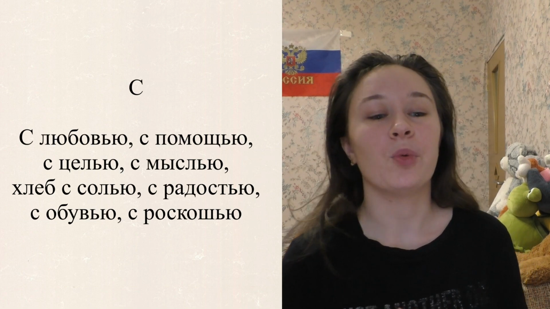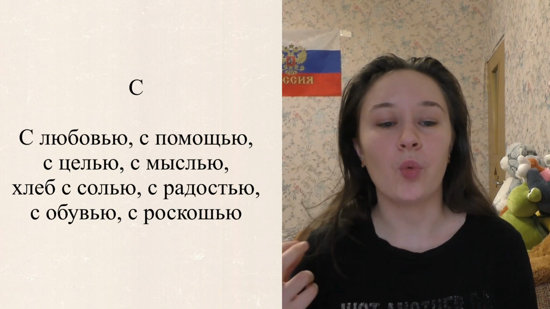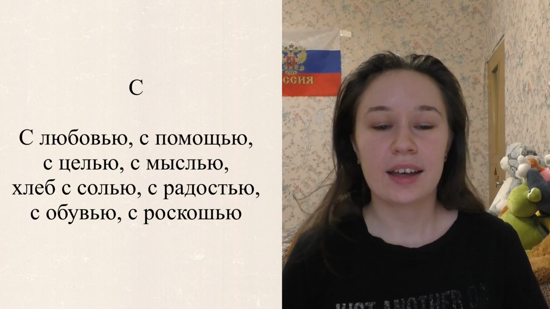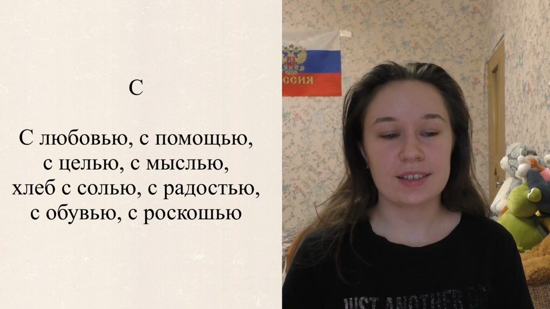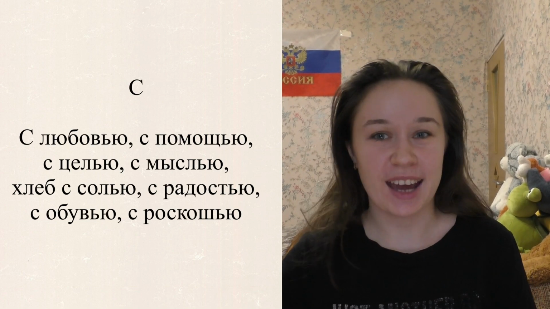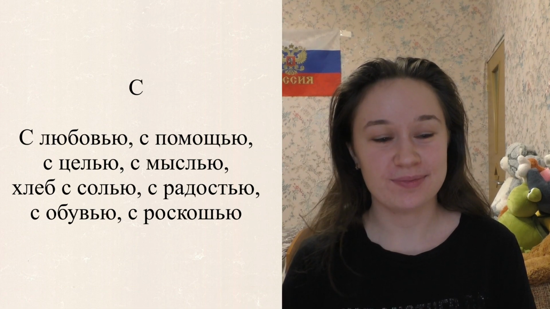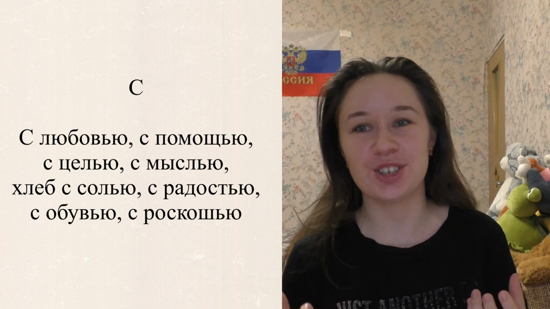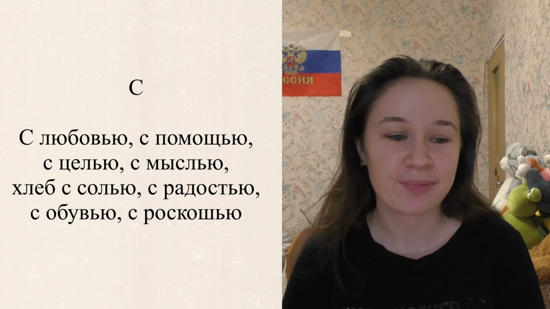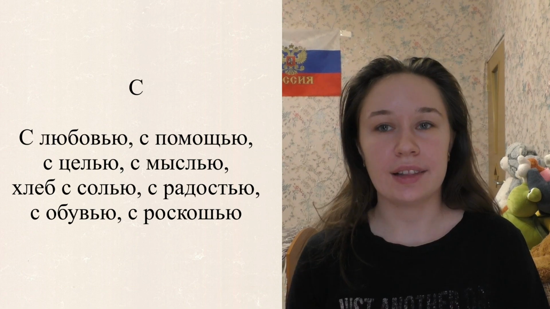With love, with help, with the aim of, bread with salt, with gladness. Here English breaks down because I apply Russian logic to it, only for teaching purposes. With shoes and with luxury.